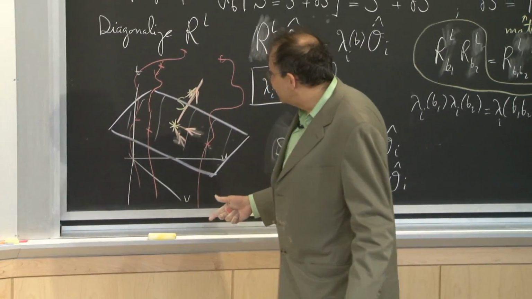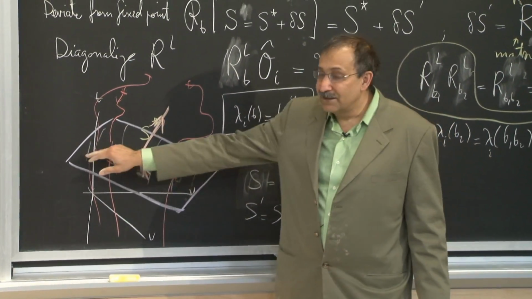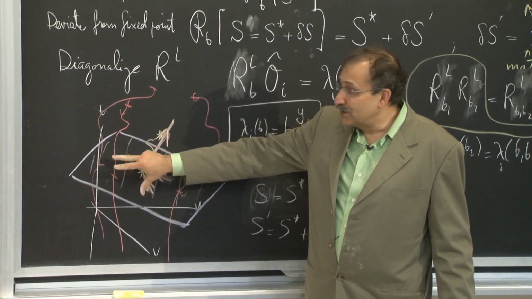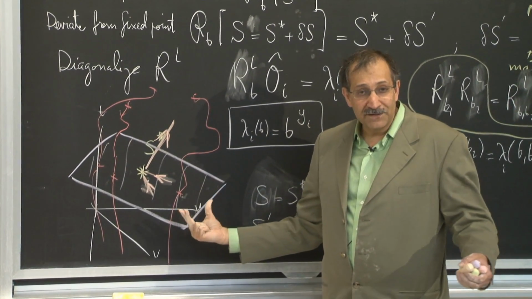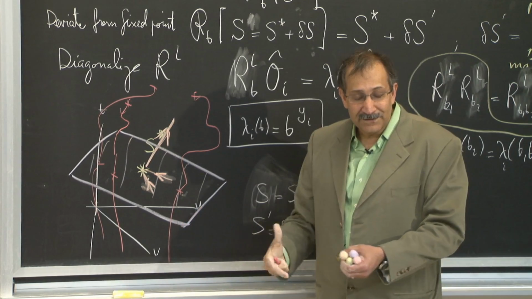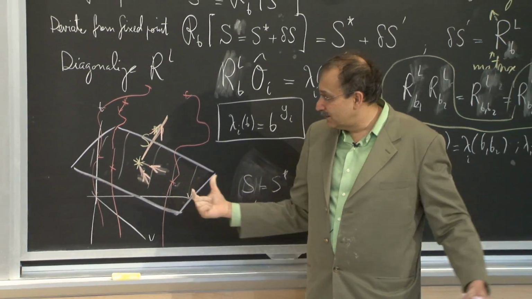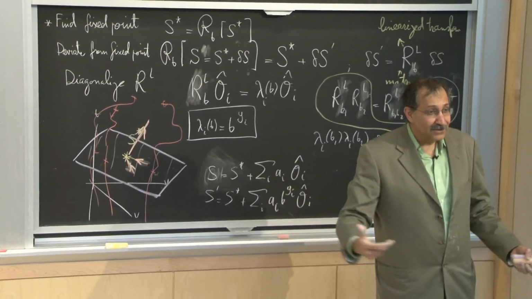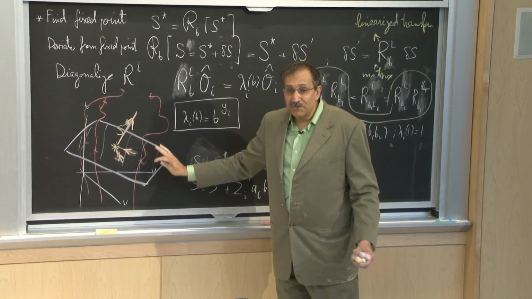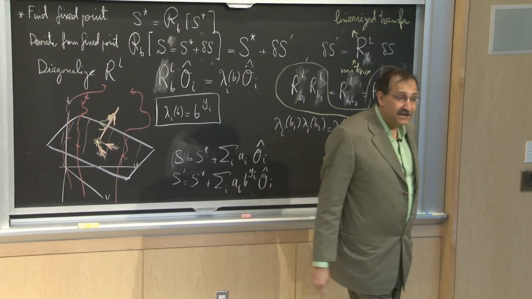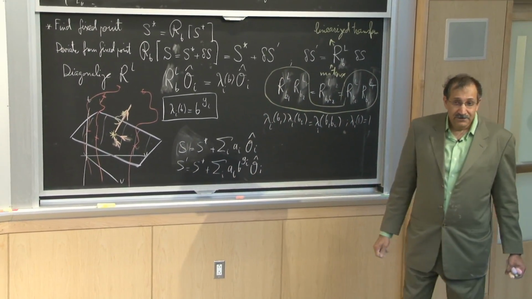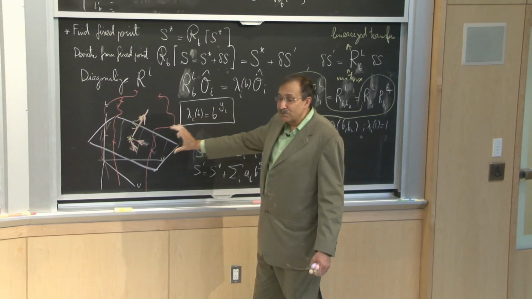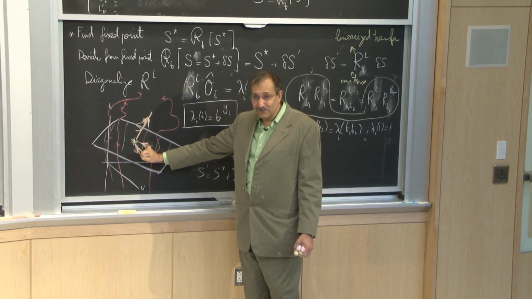And the difference between ironness, nickelness, cobaltness is really in all of these irrelevant parameters. And as I go and look at larger and larger scale, they all diminish and go away. And at large scale, I see the same thing where all of the individual details have been washed out. So this is able to capture the idea of universality.